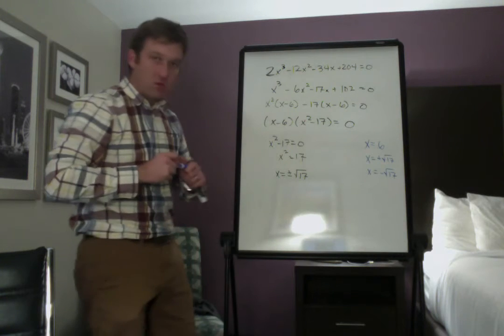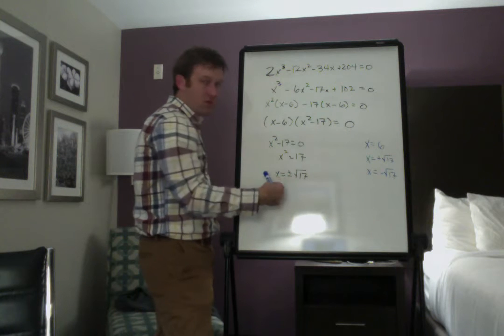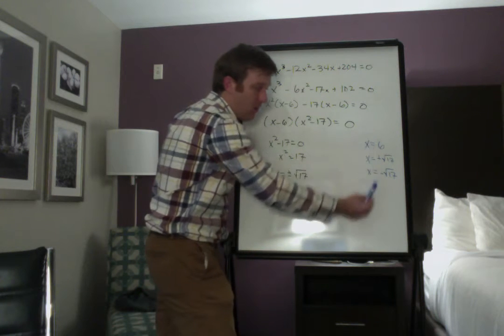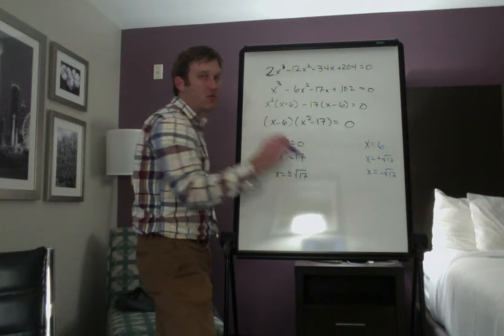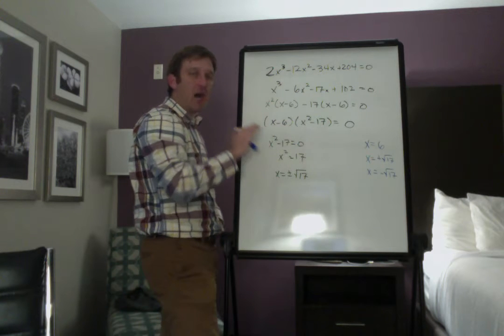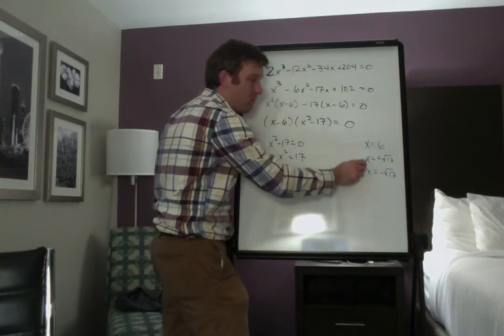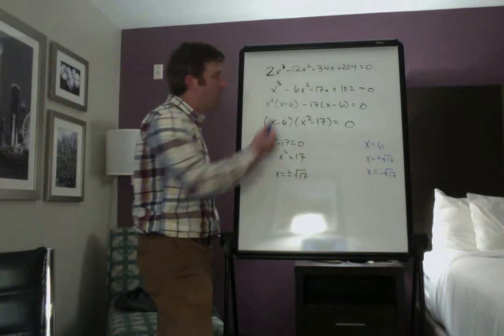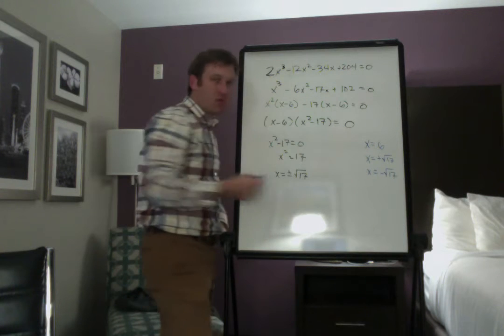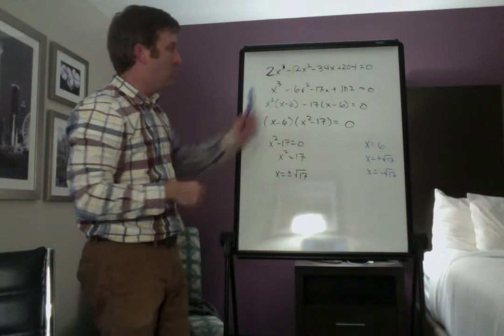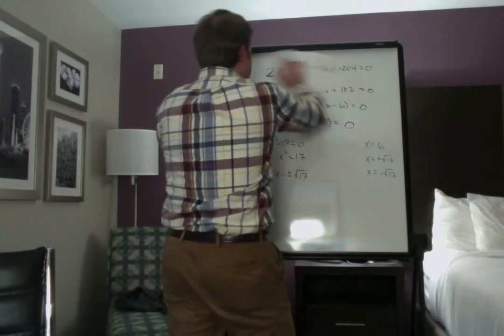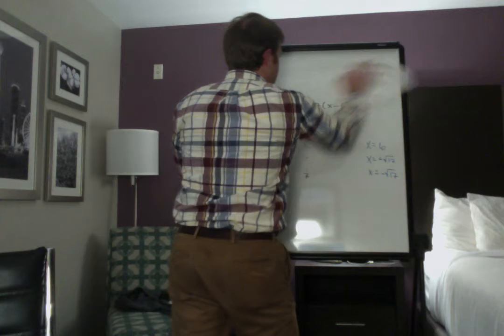Okay? So those are my 3 zeros. In this case, they're all 3 real. Okay? There's no imaginary numbers. There's no i. So these are 3 real zeros of this expression. So let me show you one that has some imaginary roots.